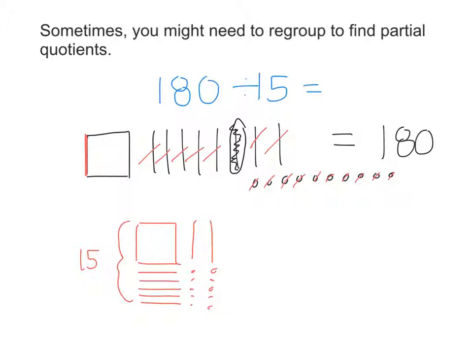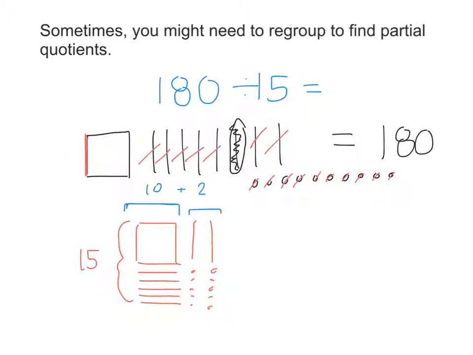Now down here, is it all rows of 15? I guess they're actually columns of 15, right, because they're going up and down. I'll call them columns of 15 so it's less confusing. How many columns of 15 do I have over here? 10. 10 columns of 15, okay. How many columns of 15 do I have right here? 2.